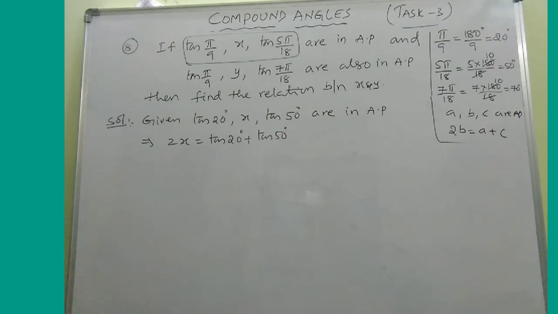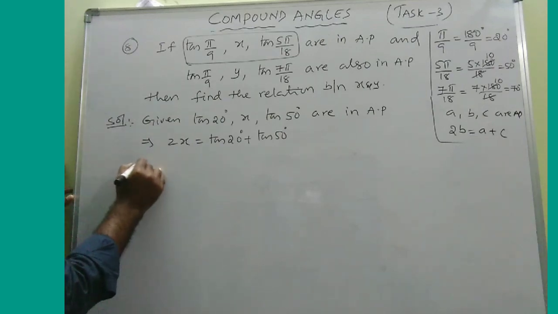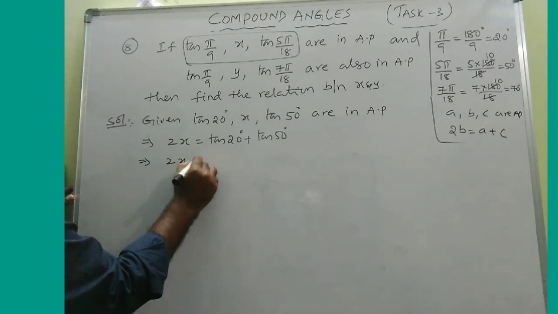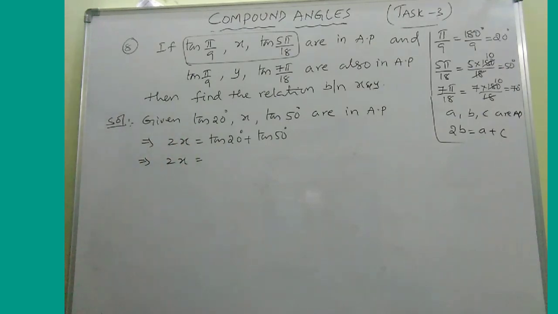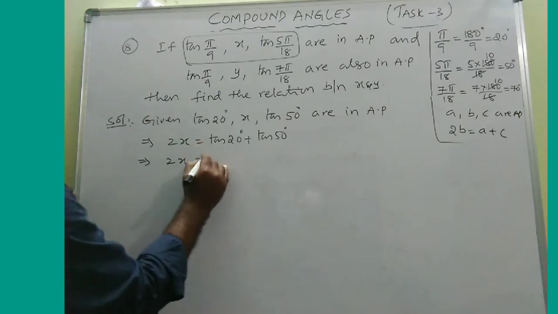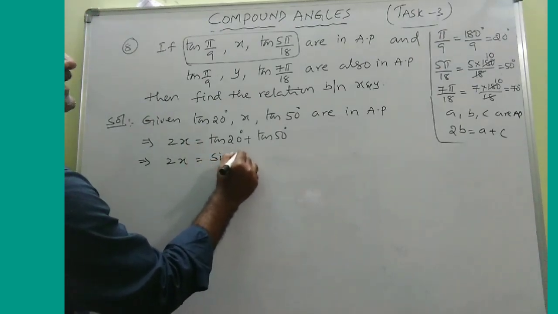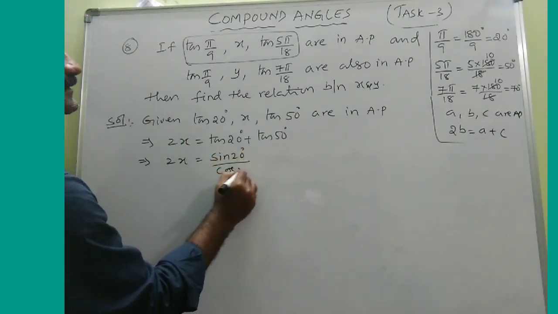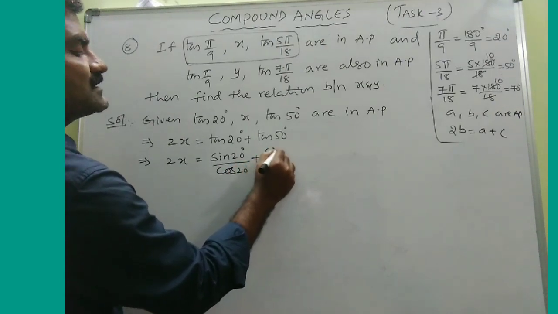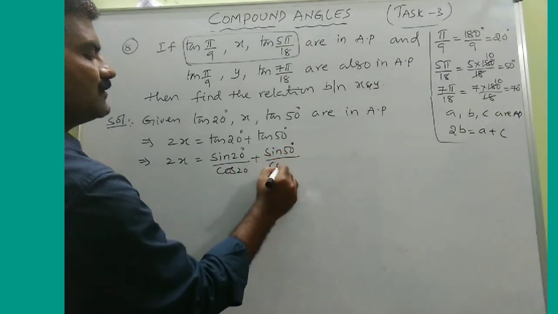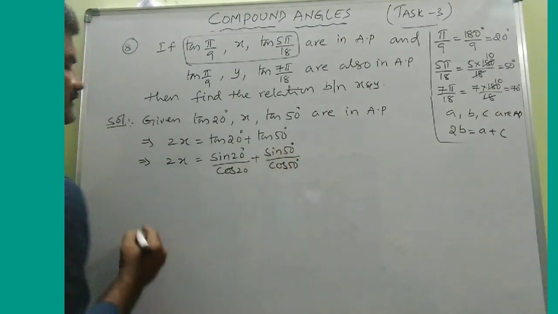Okay? Then I already told you in the earlier videos that the best way to simplify trigonometry is to express every function in terms of sine and cos. Hence now I can write it as sine 20 by cos 20. Similarly, this is sine 50 degrees by cos 50 degrees.